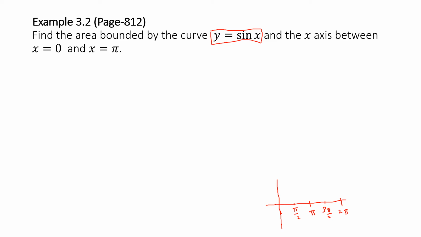Here it is 1, so the amplitude is 1. It will touch 1 here and -1 here, so the curve will be like this, I think.